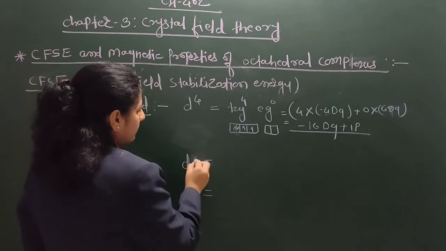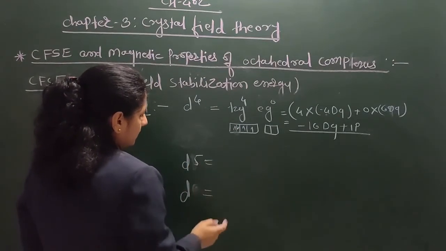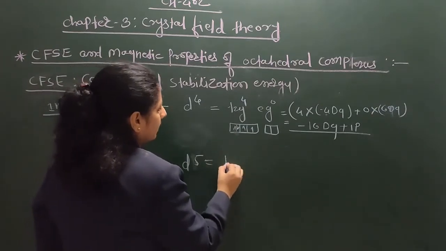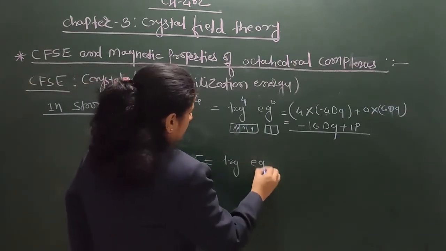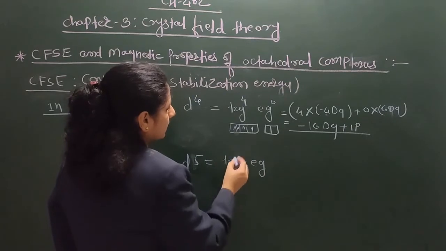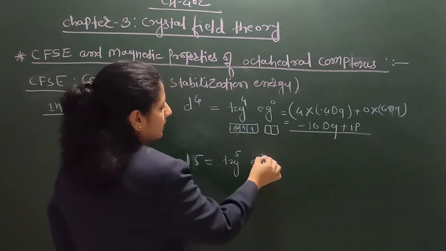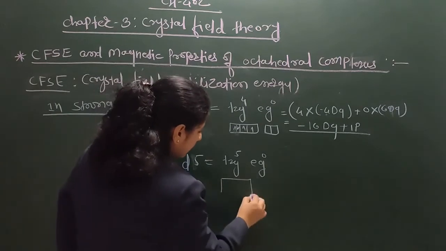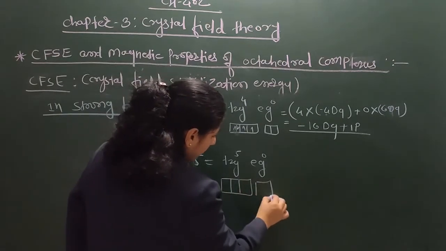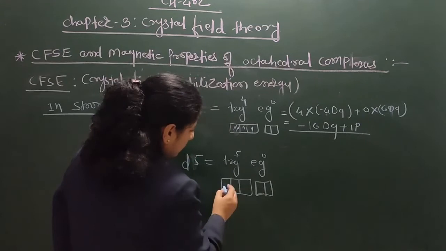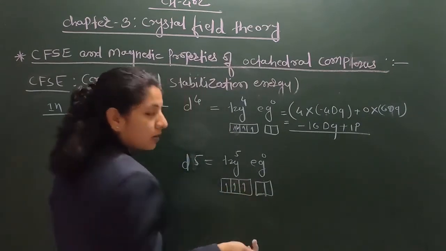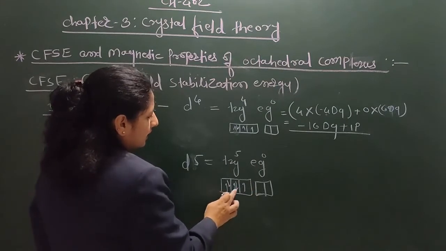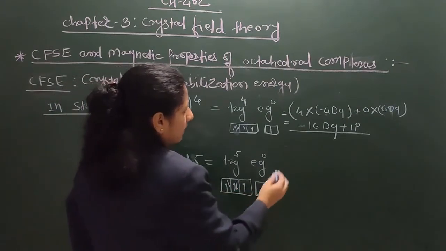For the d5 system, again t2g and eg. There will be 5 electrons in t2g and 0 electrons in eg, as the field is strong, so the electrons will enter t2g. 1, 2, 3, and due to the strong field, the remaining will again enter t2g, so 5 electrons.